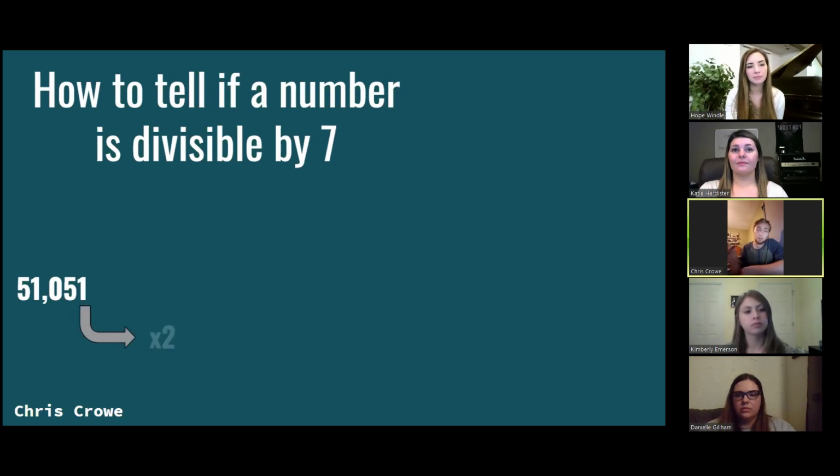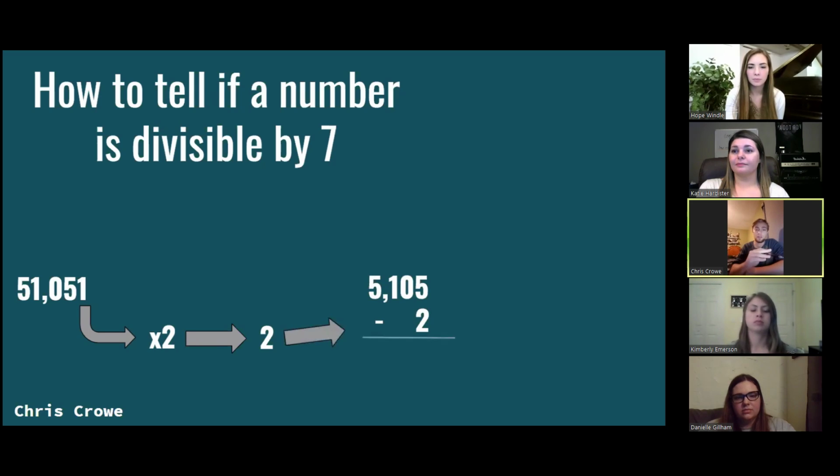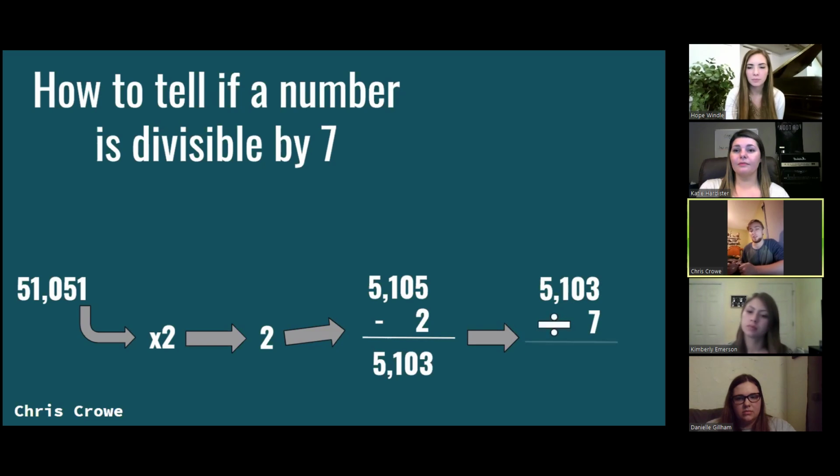We then double that number, so we get 2, and then we subtract it from our newly created number, 5,105, which gives us our new number of 5,103. Then we take that new number and divide it by 7. If it turns out as an even number, then the whole original number is divisible by 7.